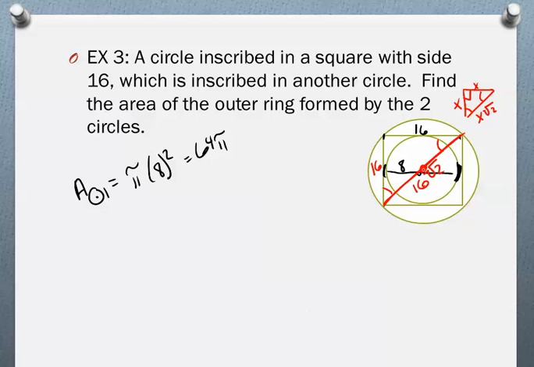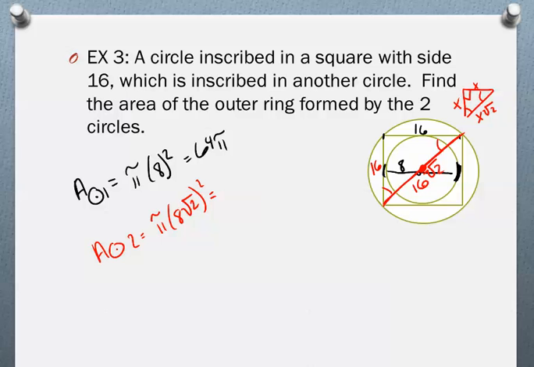And so therefore the radius of the larger circle is 8 square root of 2. So pi times 8 square root of 2 squared gives us 128 pi.